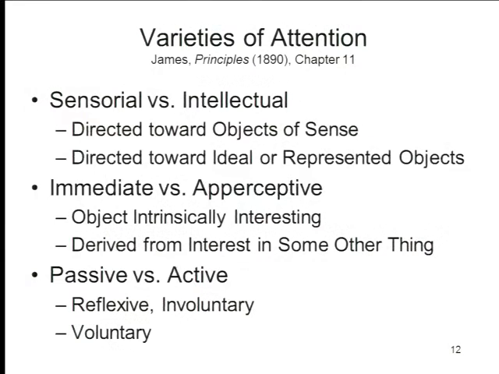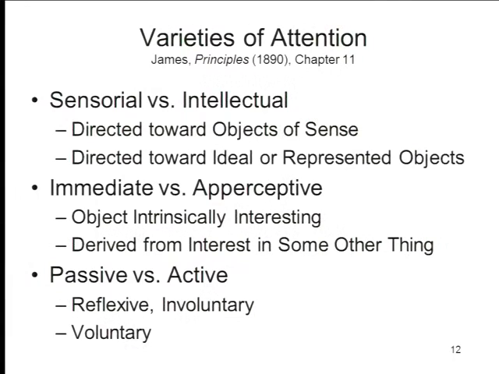There is something about that object that draws your attention to it, as opposed to what James called apperceptive attention, using a 19th century term that nobody uses anymore, which basically says that attention is devoted to an object not because of its physical features, but because of its meaning, because of something that makes it interesting, makes it worthy of your attention. And then finally, James made a distinction between passive attention and active attention.